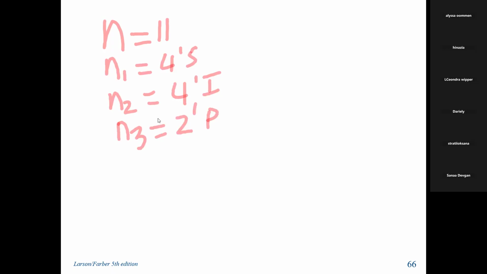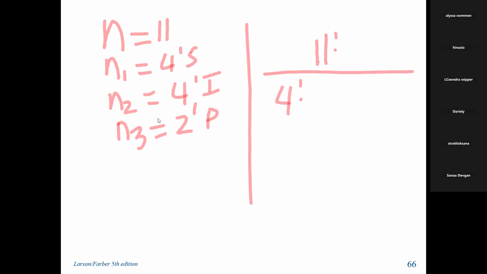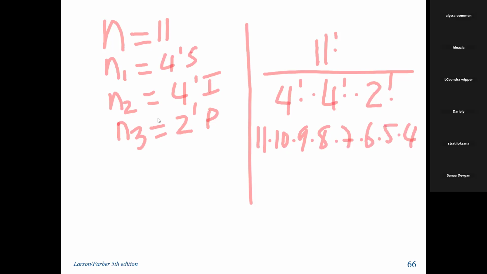Okay, so that gives you 11 factorial over 4 factorial times 4 factorial times 2 factorial. So 11 times 10 times 9 times 8 times 7 times 6 times 5 times 4.